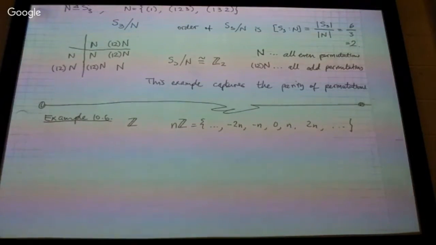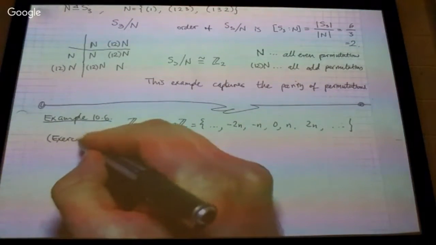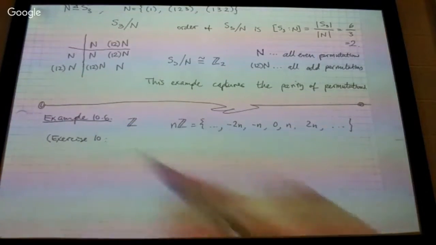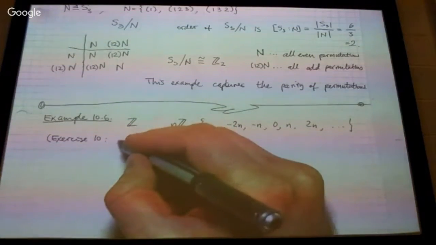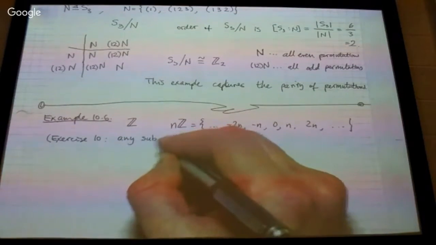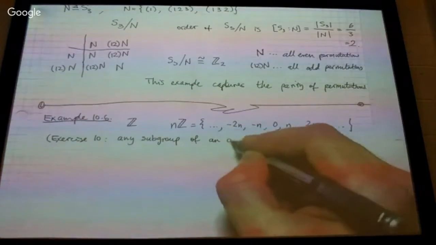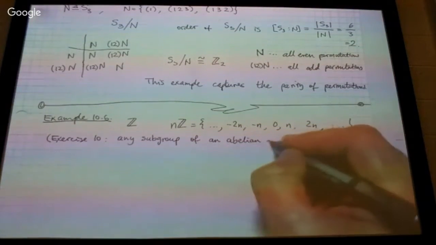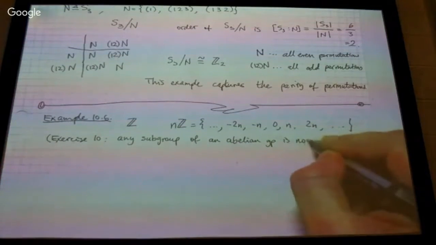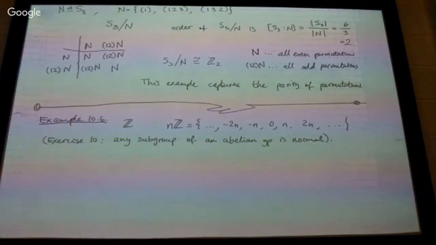And I mentioned yesterday, by exercise 10, any subgroup of an abelian group is normal. So nZ is normal in Z. What are the cosets?